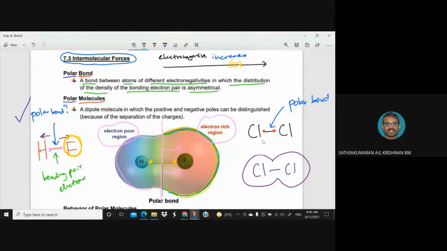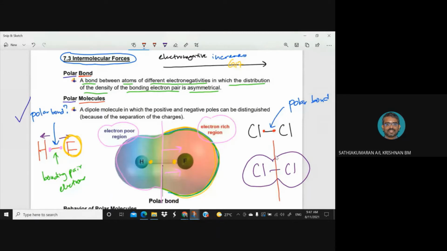No atom can pull closer, the tendency is the same. Because the atoms are the same, the electronegativities are the same. So how will the distribution of the density of the bonding pair be? It will be symmetry. One side is not too large, one side is not too small. Same.